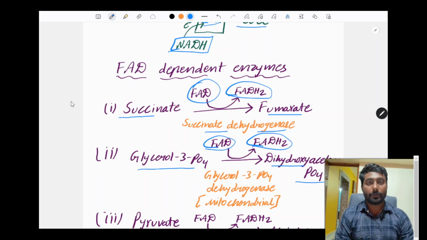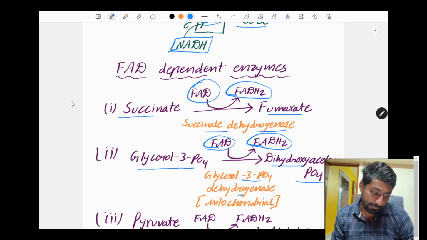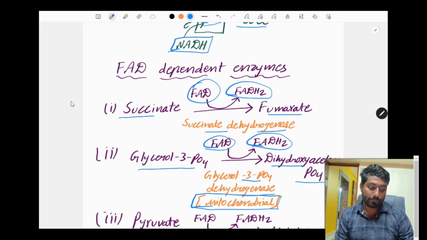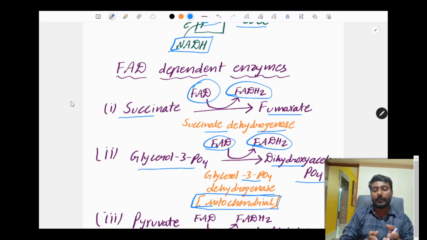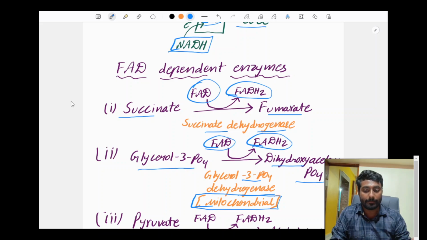Just remember this point, students. Here glycerol 3-phosphate dehydrogenase is helping. The main thing is it happens in mitochondria. So mitochondrial glycerol 3-phosphate dehydrogenase requires FAD, while cytosolic glycerol 3-phosphate dehydrogenase requires NAD.